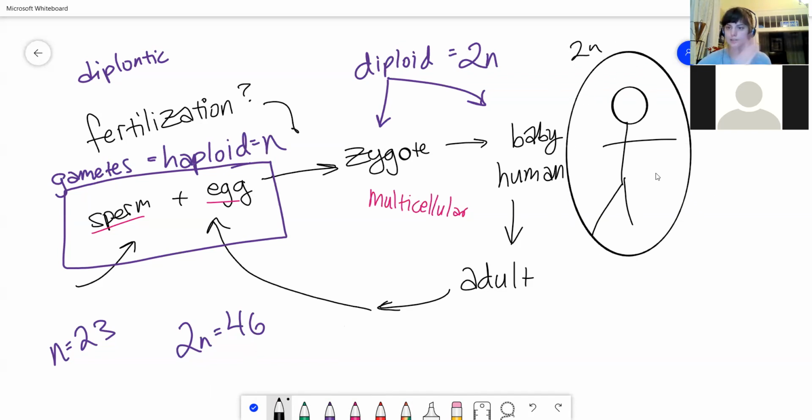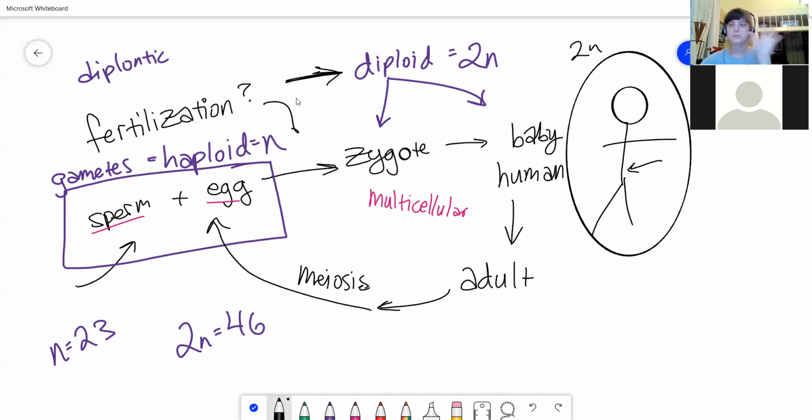The only cells that are haploid are going to be located in the gonads. So just the cells that turn into sperm and eggs are going to be haploid. How do we get haploid cells? We do meiosis. Meiosis is how we get from a diploid cell. One of these adult cells is diploid, and meiosis does 2 rounds of cell division to get a haploid. Fertilization takes 2 haploid cells and makes 1 diploid cell.